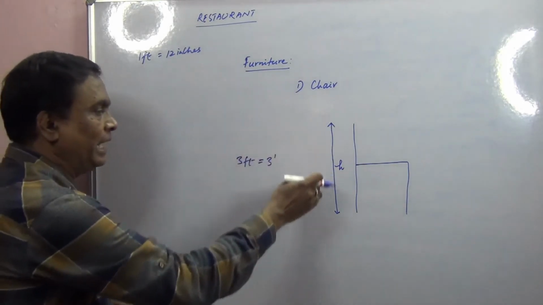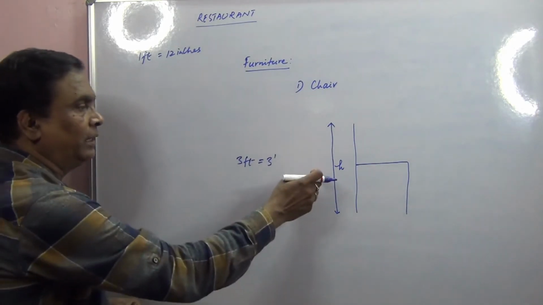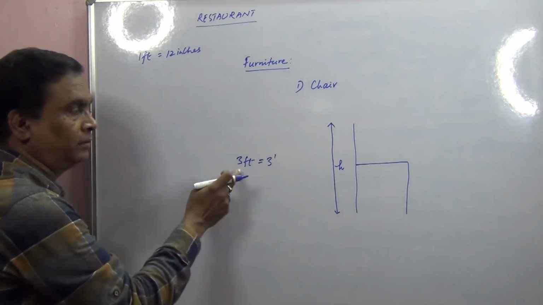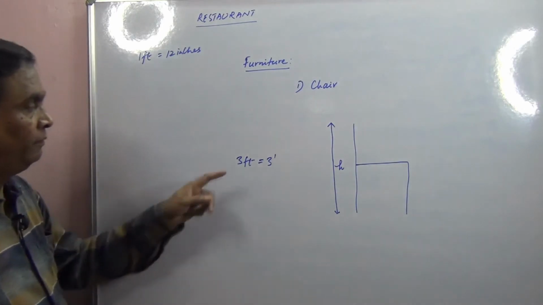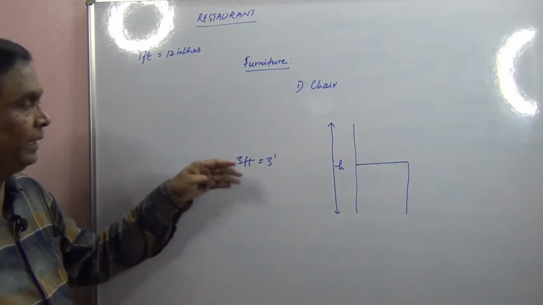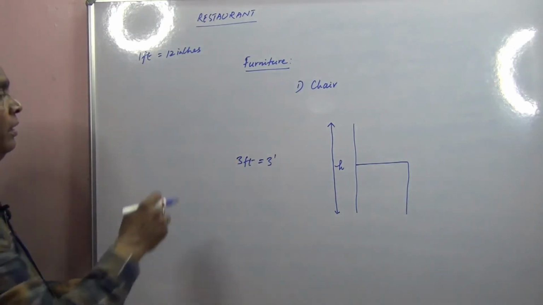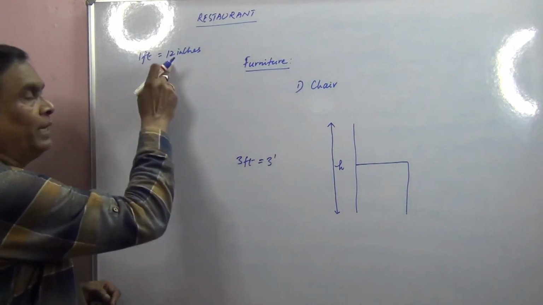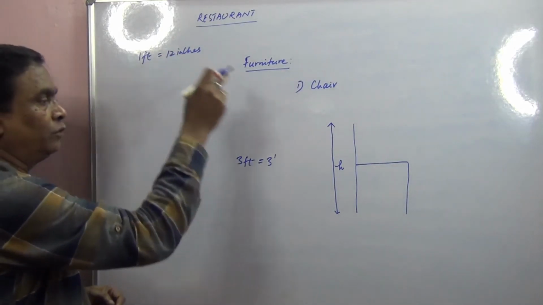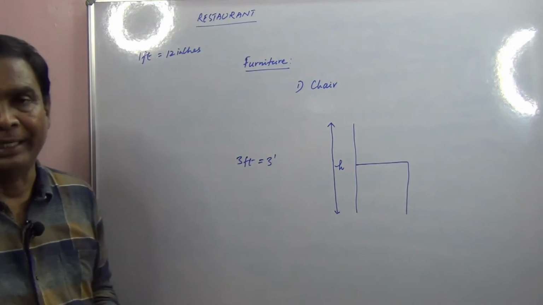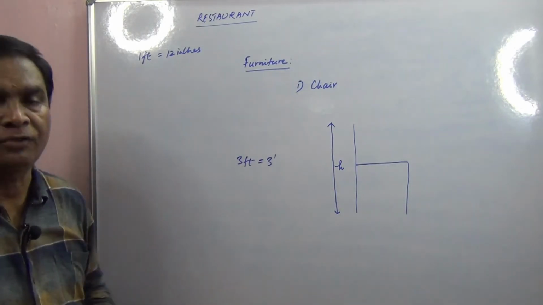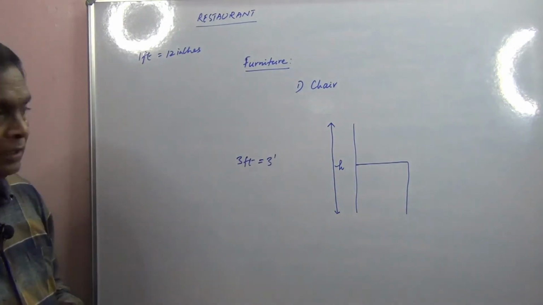So since it has the height of 3 feet, when we want to convert into inches, this 3 feet should be multiplied by 12 in order to get the height of a chair in inches.